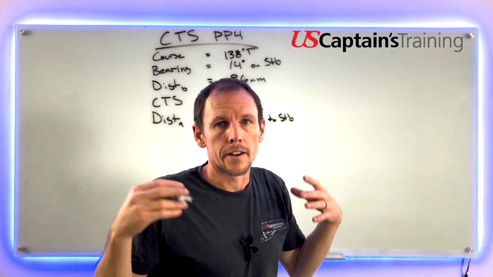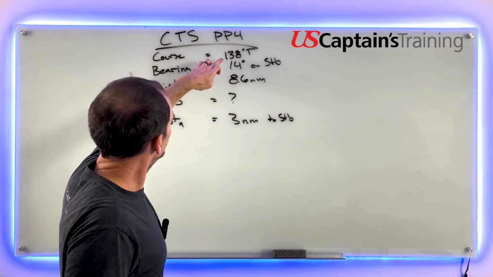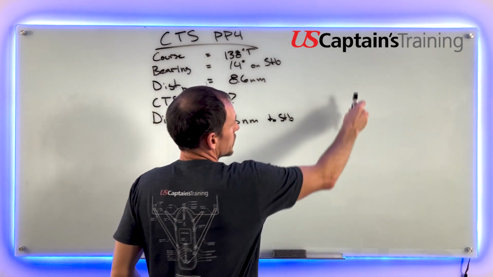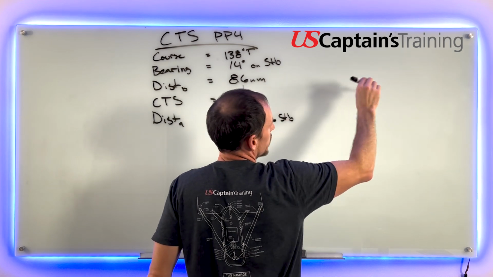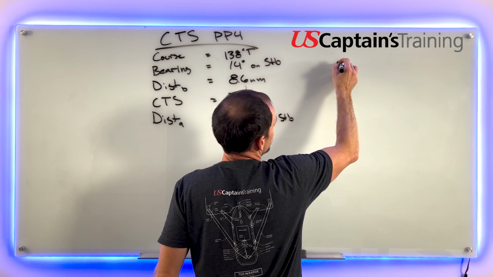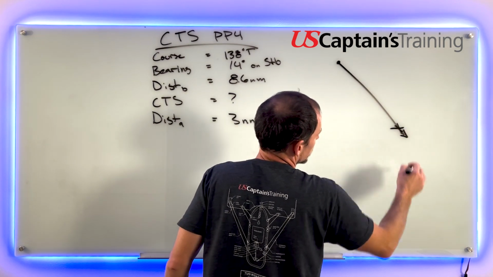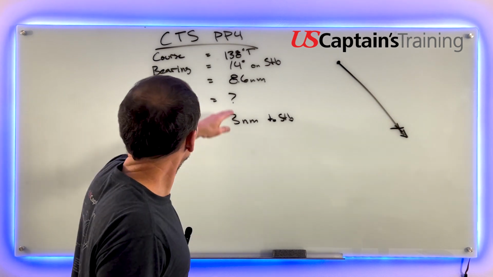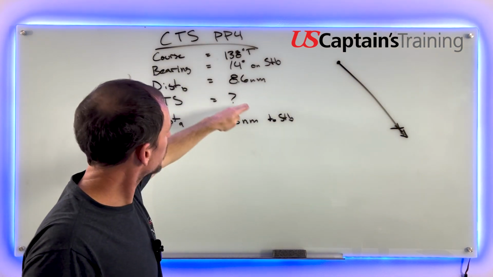So now we make a triangle. The first step, we make our triangle. We're headed 138. What's this? 180, 90, 138 is somewhere in here. I just like to stay kind of in the proper quadrant of this thing. Okay, and we sight a light over here. And how far away is it? 8.6. What do we want?